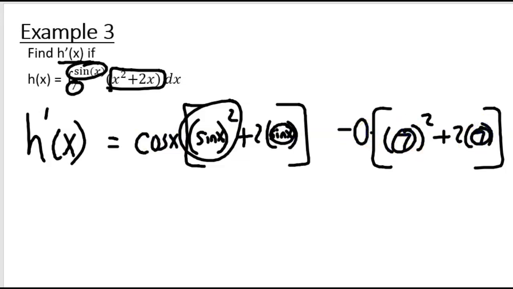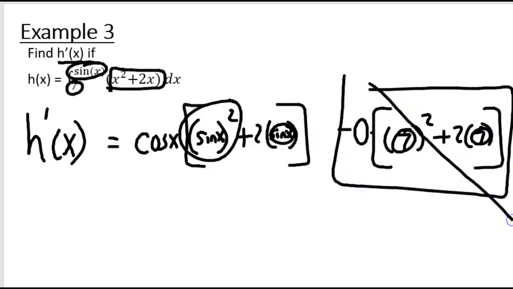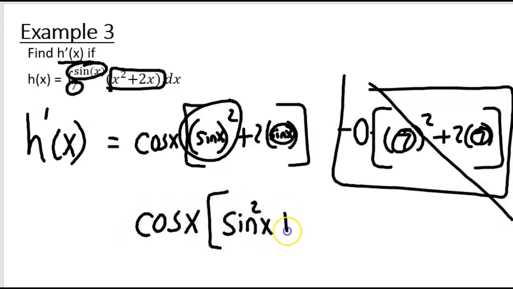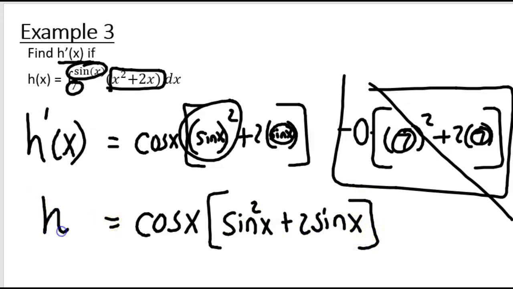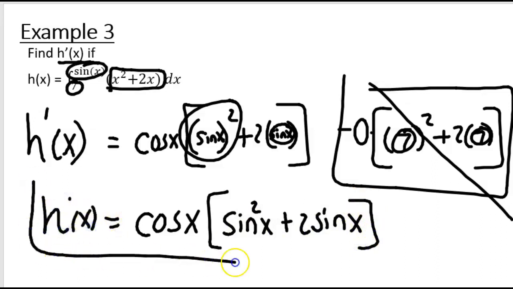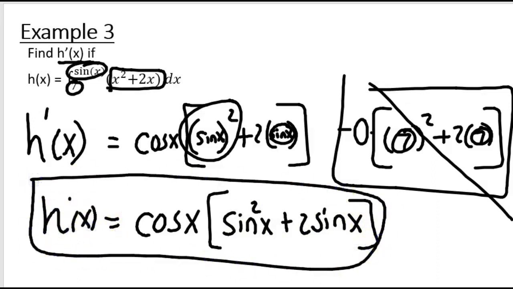And since you're multiplying the whole thing by 0, then this whole piece here is just going to go away. And so we're actually left with cosine of x times sine squared x plus 2 sine x. And if you wanted to go the extra step and distribute the cosine in, you could, but it's just not necessary. So I'm going to leave it like that myself. But there you have it.